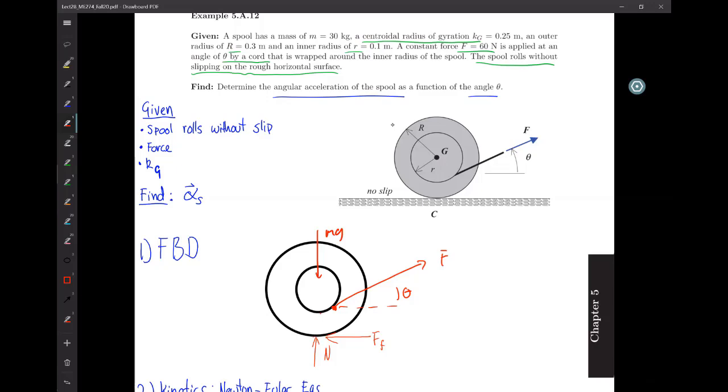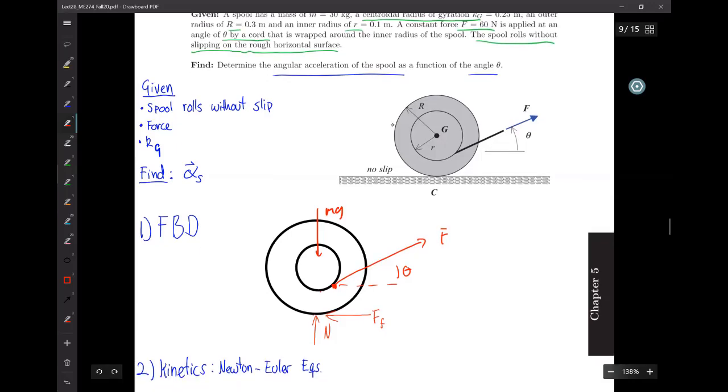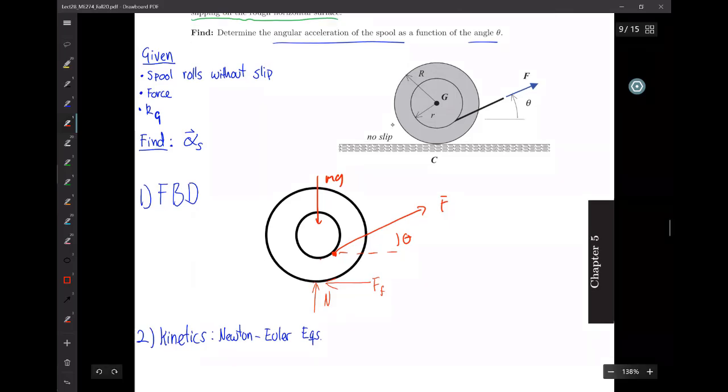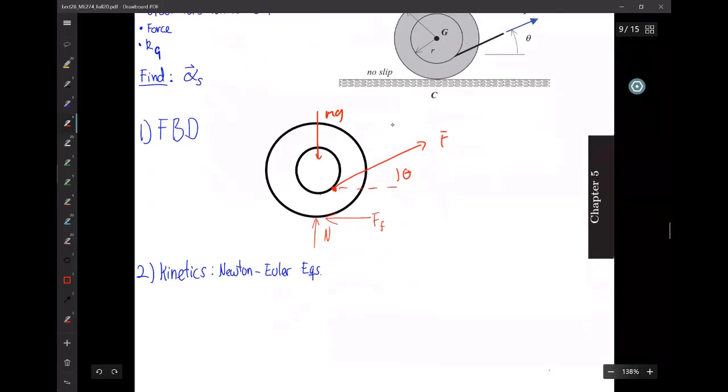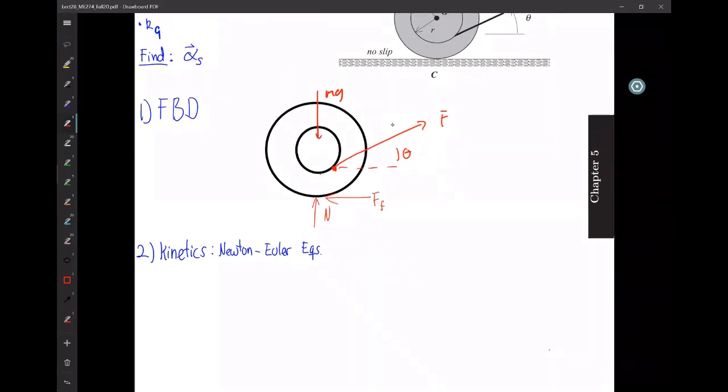Any other forces? No, right? That's all. So we are asked to find angular accelerations. We need to use Newton-Euler equations to do that, right? We cannot get them with the other kinetics that we have learned.